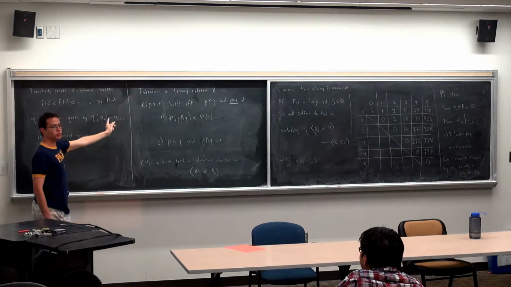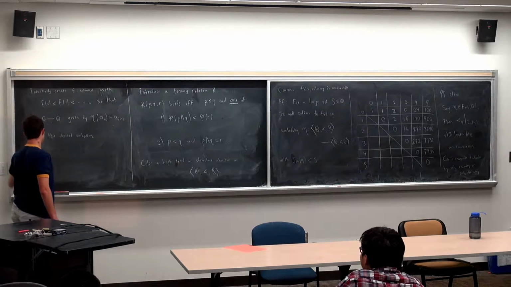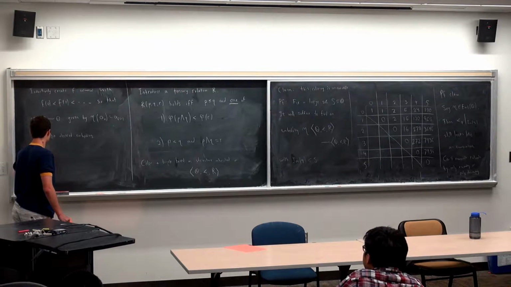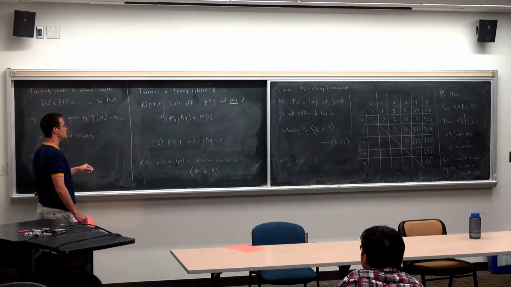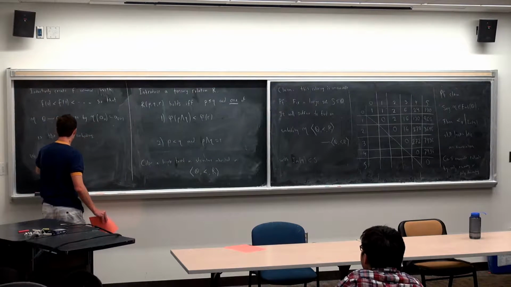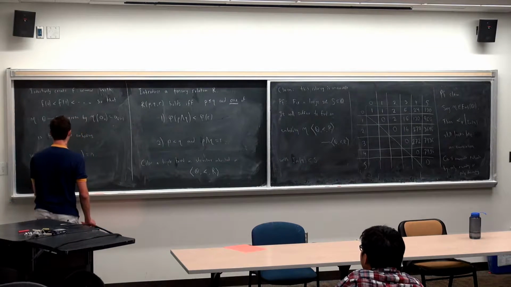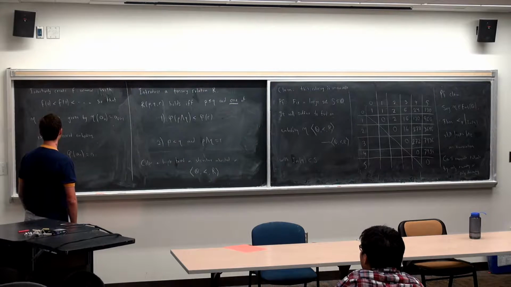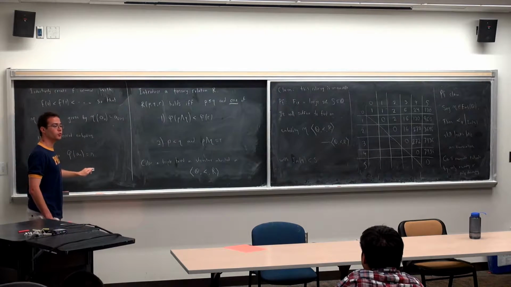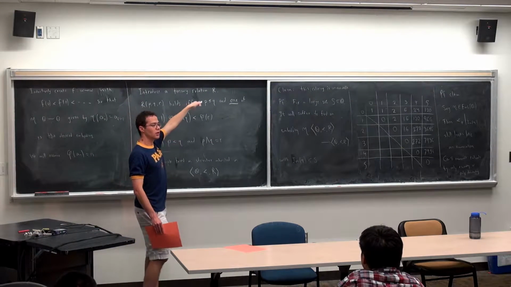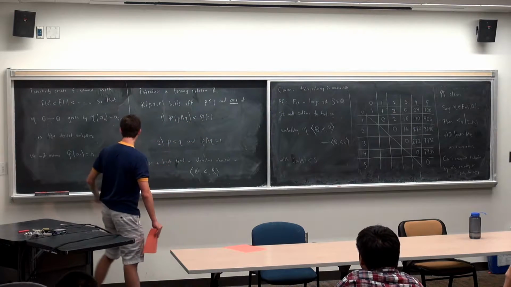This is just some enumeration, but let's assume that this enumeration is the phi enumeration, that phi of a sub n equals n. So not just any enumeration, but this particular enumeration that was used to define the relation R, all of that jazz.